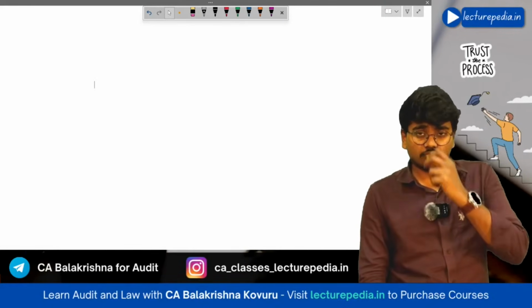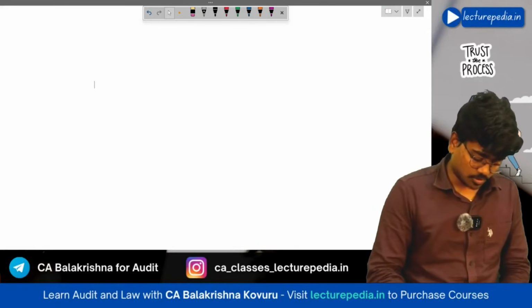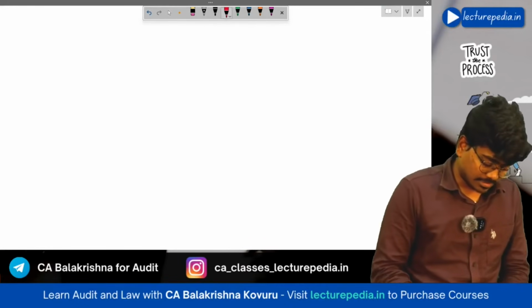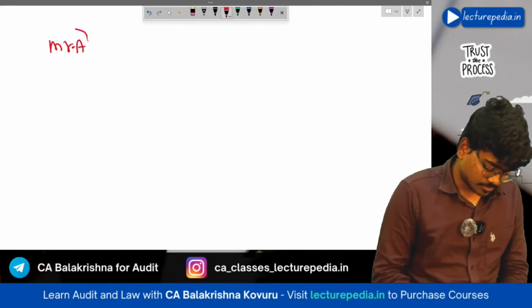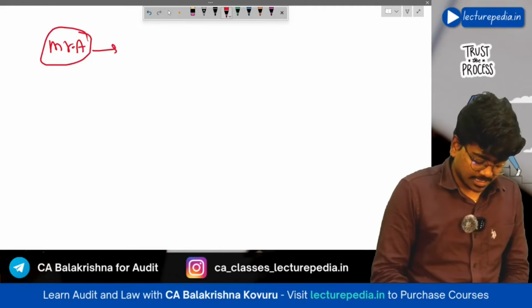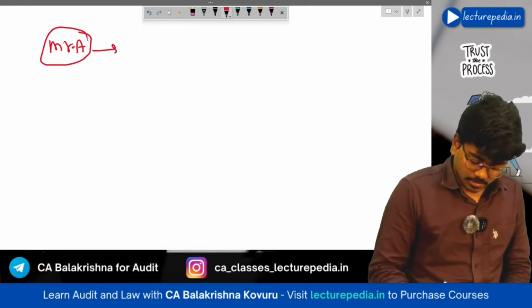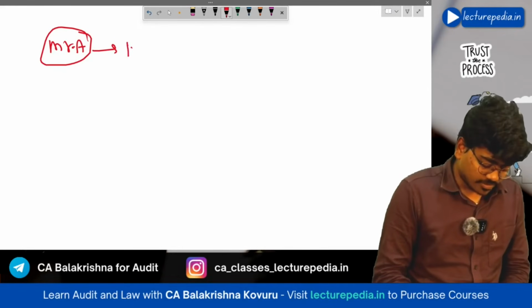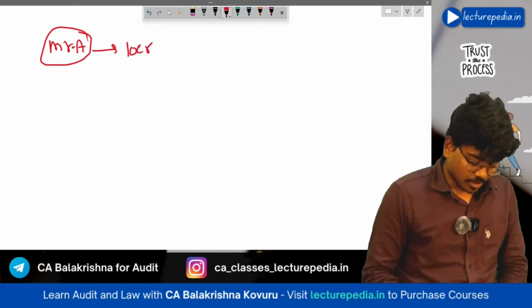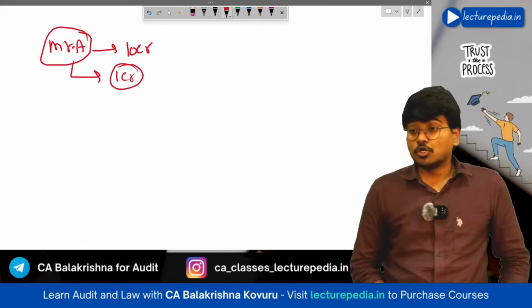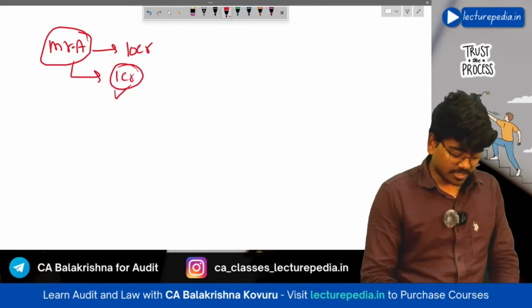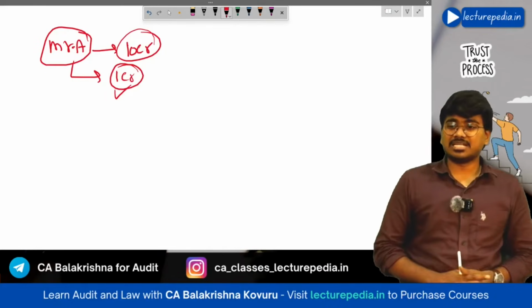In the economics class, we will be discussing this code. Now, Mr. A is having liabilities of some 10 crore rupees, whereas his assets are just 1 crore rupees. So with the assets that he has, he is not able to repay his liabilities.